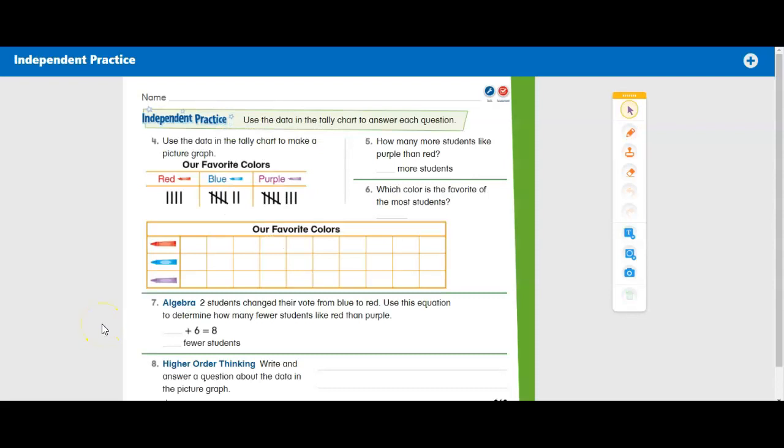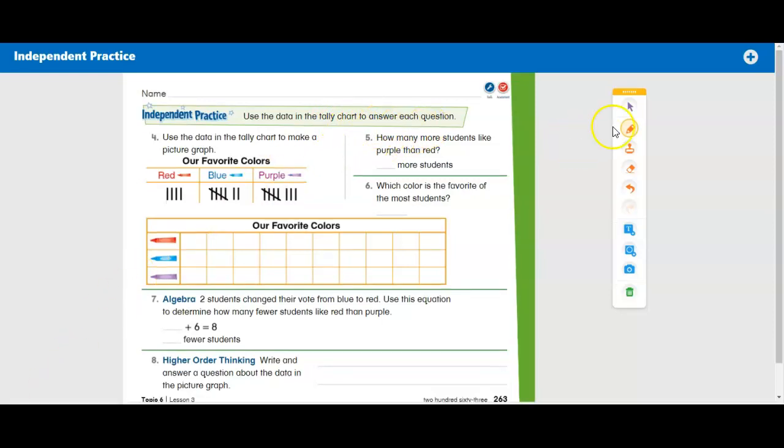Now it's time to begin your independent practice on page 263. So just the next page over in your workbook. Our directions tell us to use the data in the tally chart to answer each question. Question number 4 says use the data in the tally chart to make a picture graph.